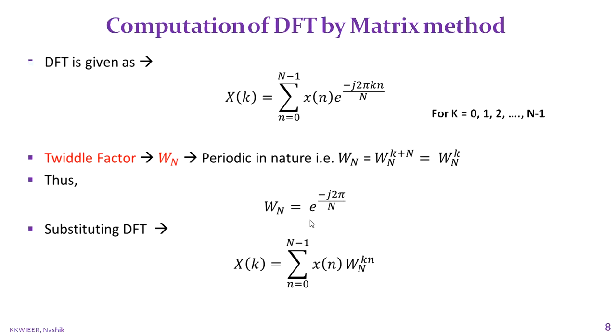WN to the power k plus N is equal to WN to the power k, because the twiddle factor is periodic in nature. So substituting e to the power minus j 2 pi by N as WN, we will get DFT X of k equal to summation n runs from 0 to N minus 1 x of n WN raised to kn. This is the simplified form of DFT using the twiddle factor instead of writing e to the power minus j 2 pi by N.